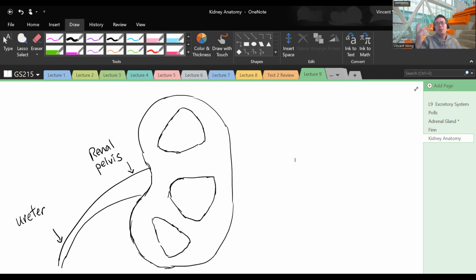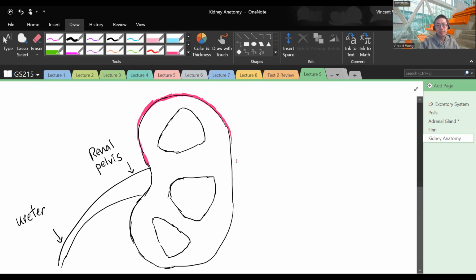So that little elasticity that surrounds the kidney gives it a little bit of protection. That is actually a special type of connective tissue that goes around the kidney, and we call that the renal capsule. That's what I'm trying to draw here.